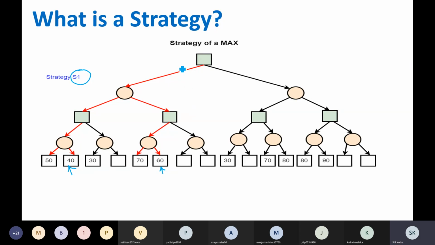So what this red color subtree tells us is that if max makes this move, min can make either of these. Whatever move min makes, max has an answer. So if min makes this move, max will make this leftmost move, and whatever move min makes, max will ultimately select the appropriate node, so that max will get the maximum benefit. So this is one strategy.